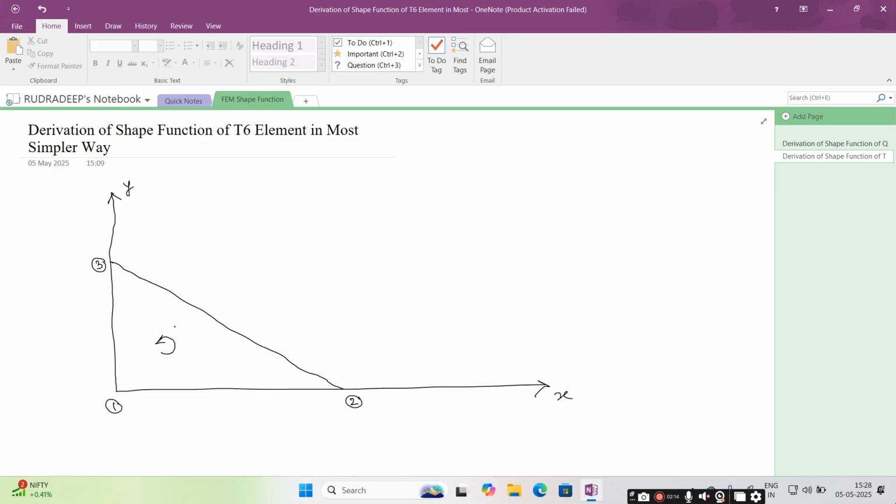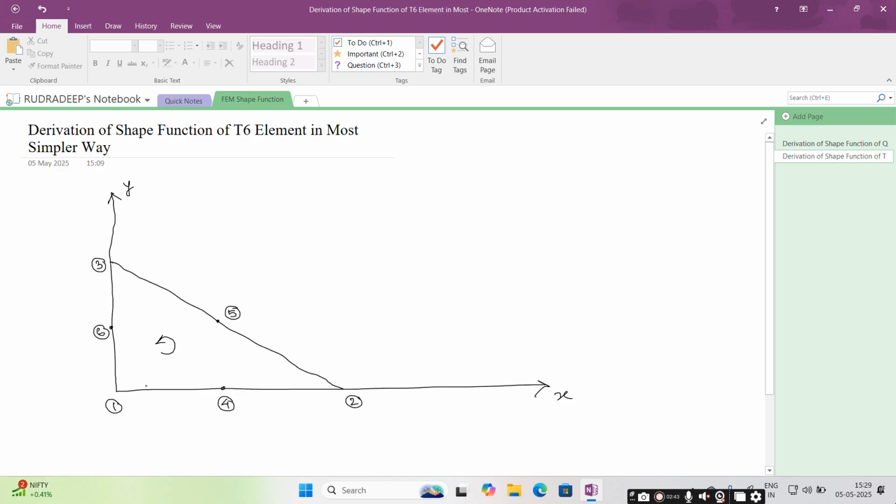The 3 nodes at each corner of this triangle and the remaining 3 will be at the midpoint of the edges. Here one, another one here and another one here. I will number these also in anti-clockwise direction. This one is 4, this one is node number 5 and this is node 6.